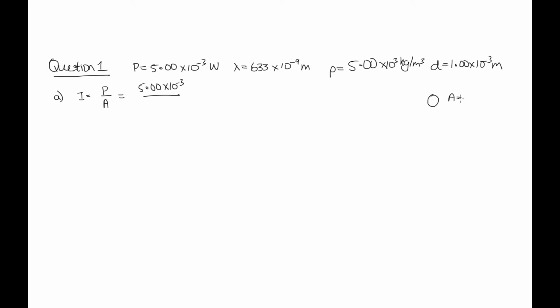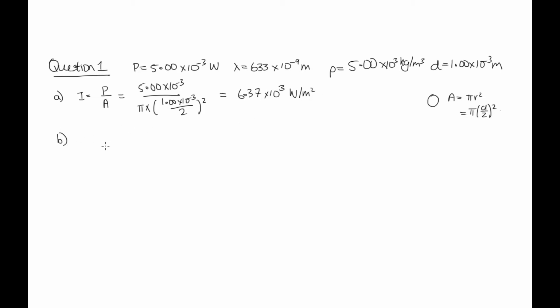So the area is going to be equal to pi r squared, which is pi d on 2 squared. So we divide by pi times 1 times 10 to the minus 3 over 2 squared. And solving this on the calculator, we end up with this is equal to 6.37 times 10 to the 3 watts per meter squared.